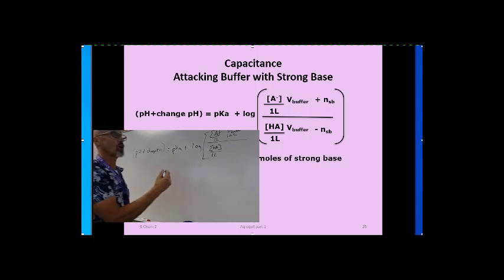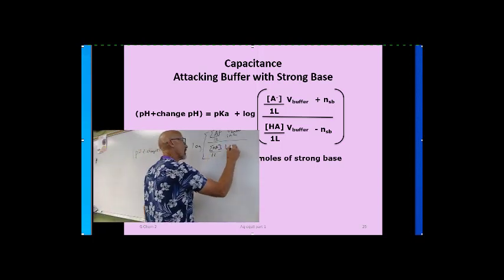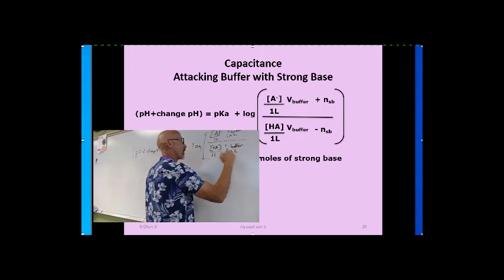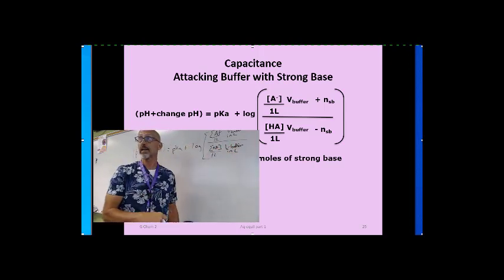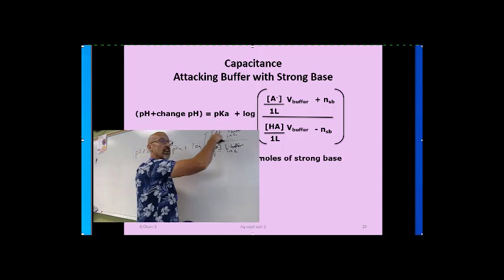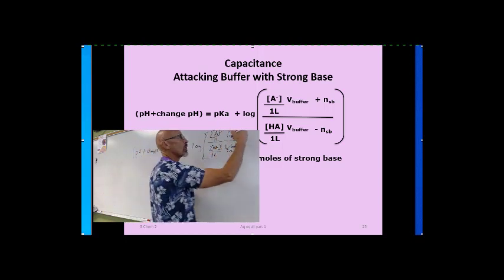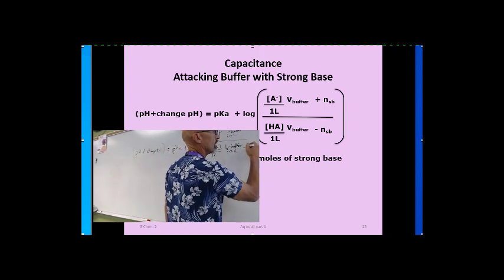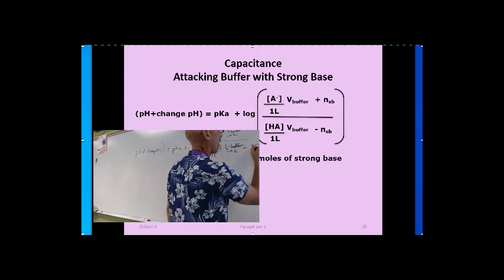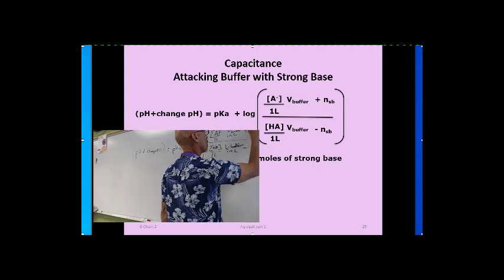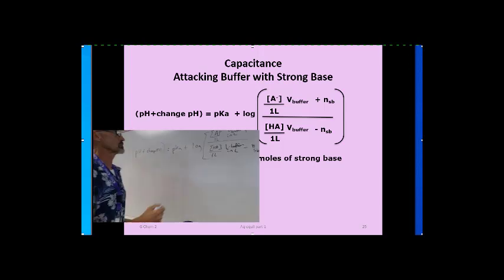So then if I go times the volume of the buffer in liters, basically what I've calculated is moles of HA. What this calculates is moles of the A minus, right? Then I subtract the moles of acid I added, or strong base, and then I add the moles of strong base, and that'll tell me how many moles I can add or subtract.